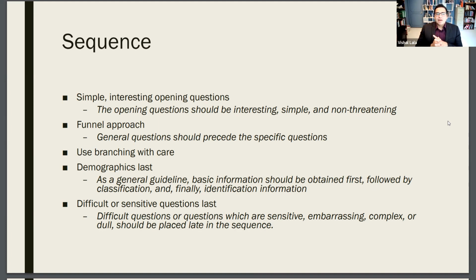The other thing to bear in mind is you generally want to use a funnel approach to asking questions. Ask general questions first, specific questions later. For example, if my survey is about Cold Stone Creamery, the ice cream shop, I might begin by asking about ice cream shops in general.